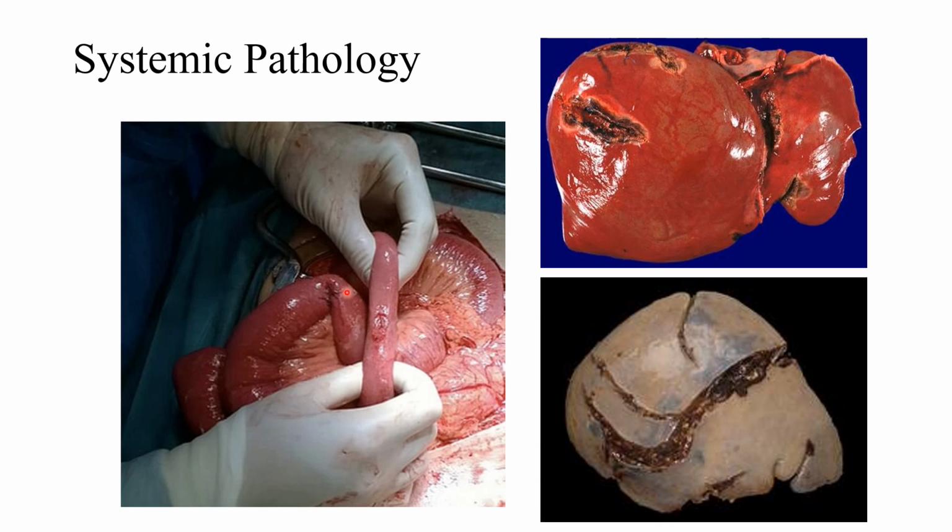Here in this figure, you can see the injuries happen to your intestine. Here there is injury to the liver. So the same process: from the blood vessels, your WBCs will come out, kill the bacteria and heal the injured area. So that is systemic pathology.